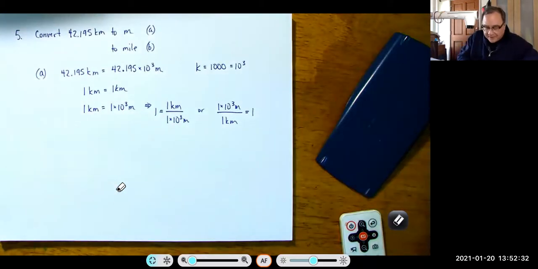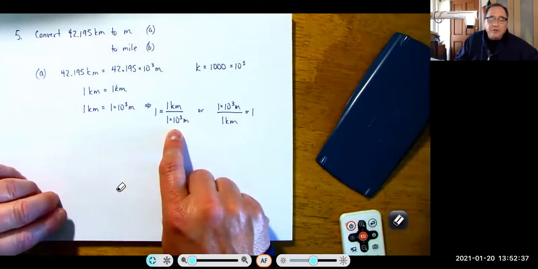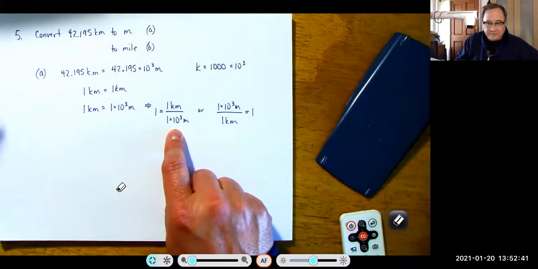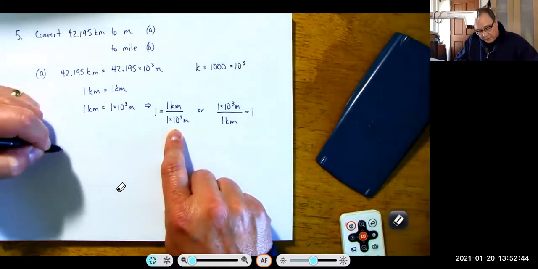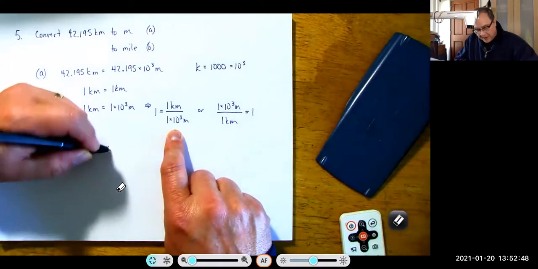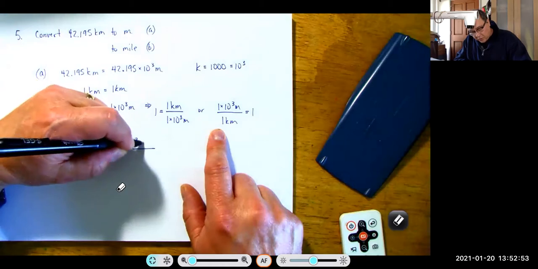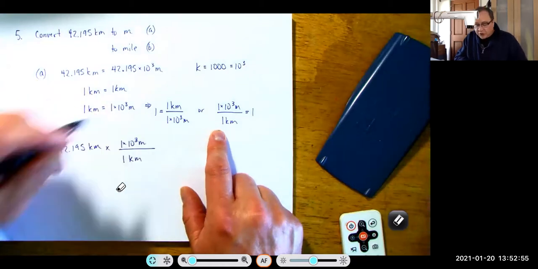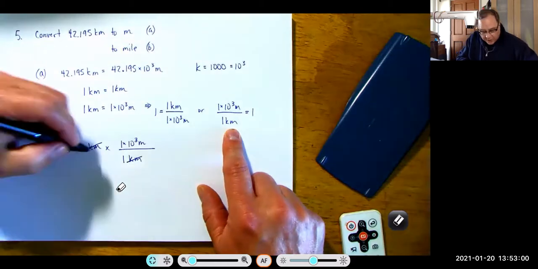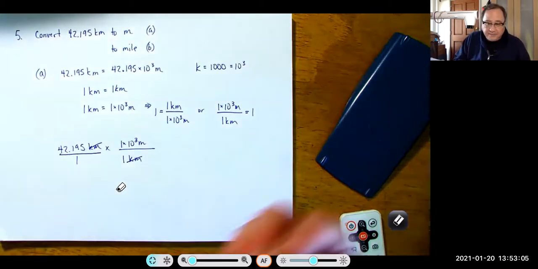Okay, so what that means is I can multiply this against anything I want, and I'm using the identity law, which says if I multiply by 1, I don't change it. So I'm going to take the 42.195 kilometers, and I'm going to multiply by 1 times 10 to the 3 meters over 1 kilometer. The reason I chose this one is because a number like this can be written as over 1, but we just don't bother doing it.